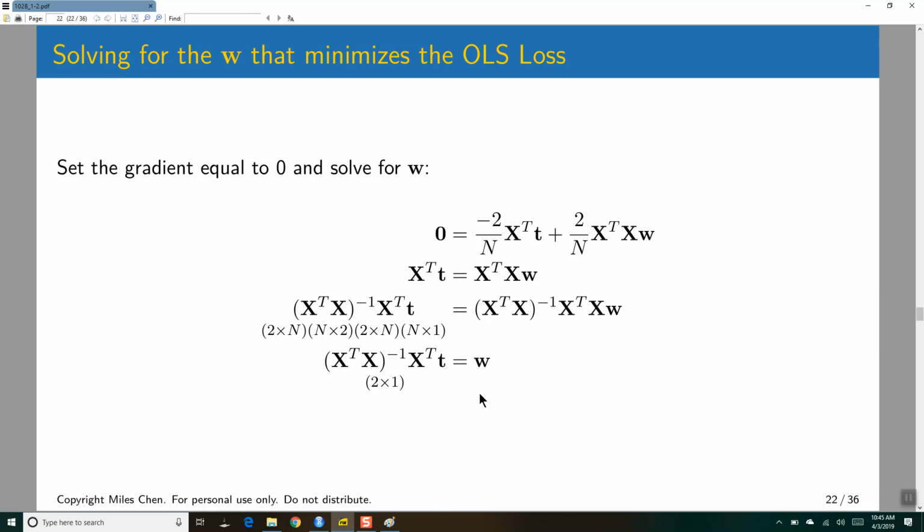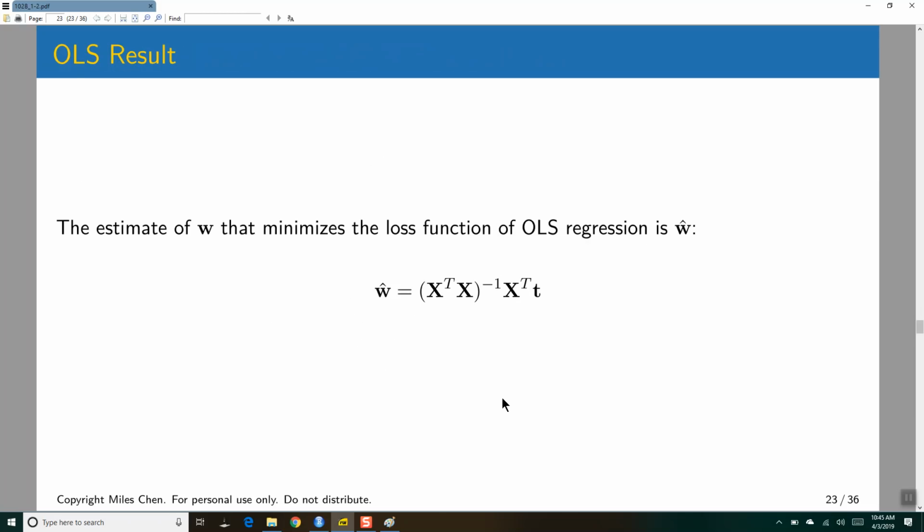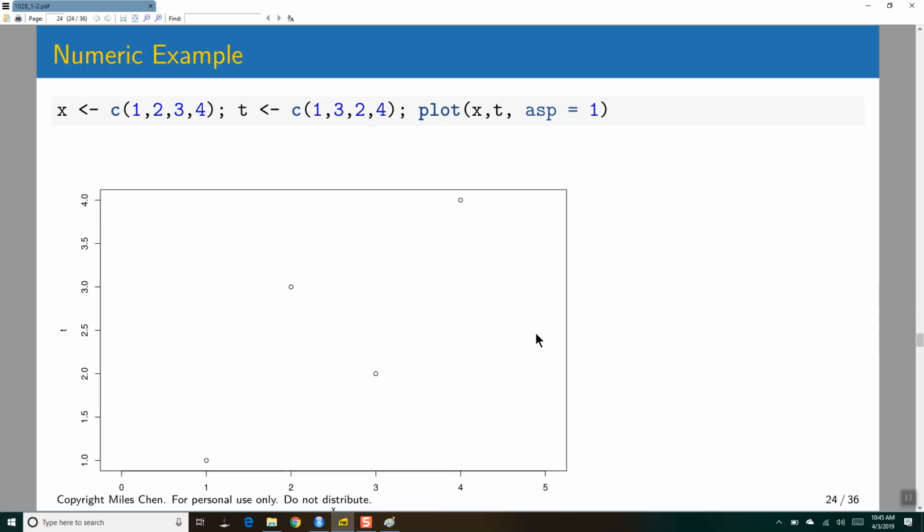And this might be a familiar result. That's what we have for the vector w that will minimize the least squares term. So the w that's going to minimize the OLS regression is w hat, and that's going to be x transpose x inverse x transpose t.